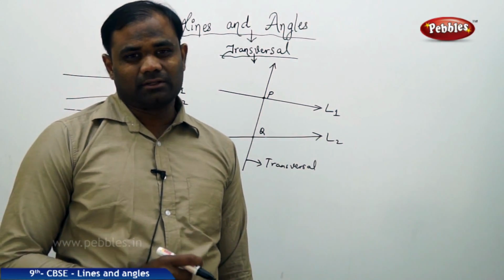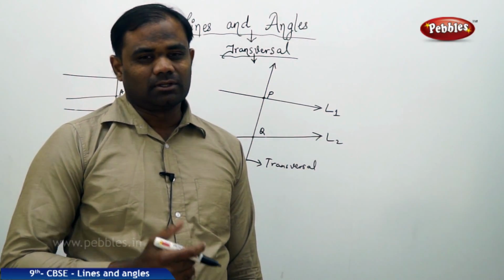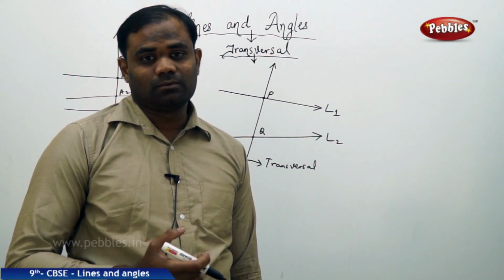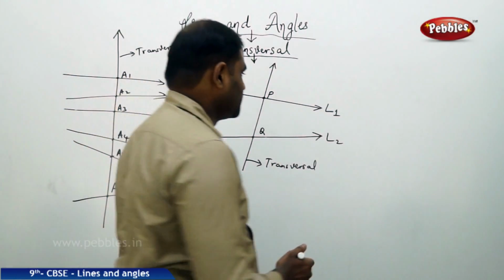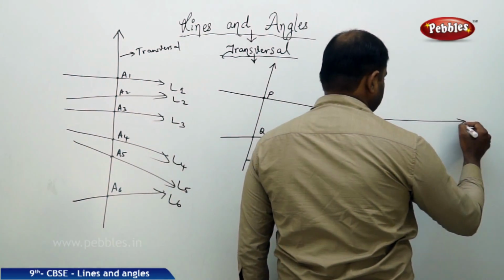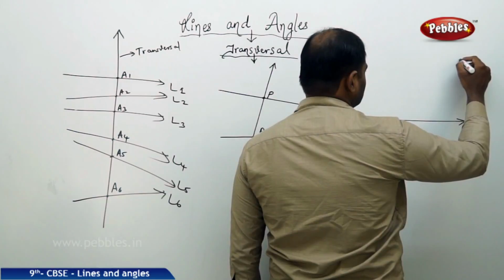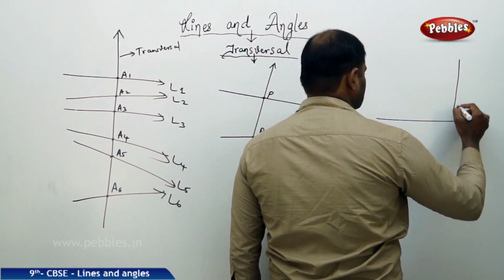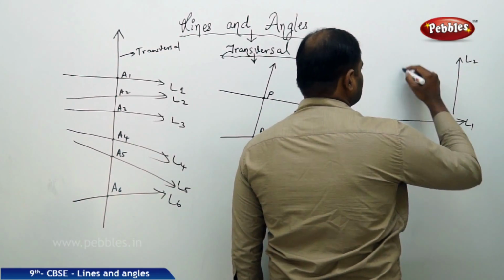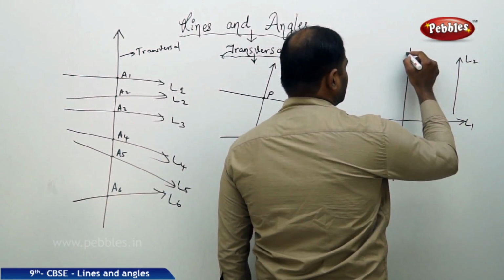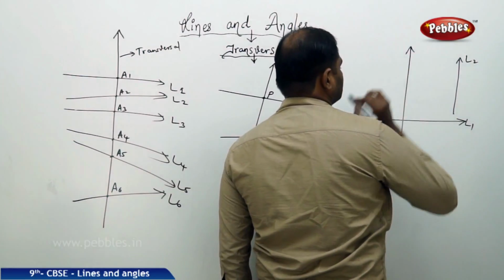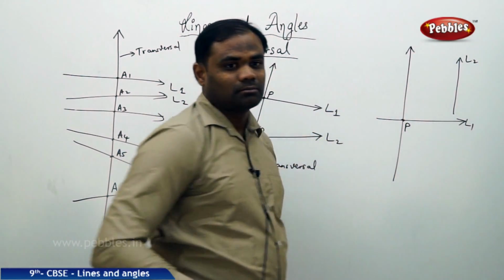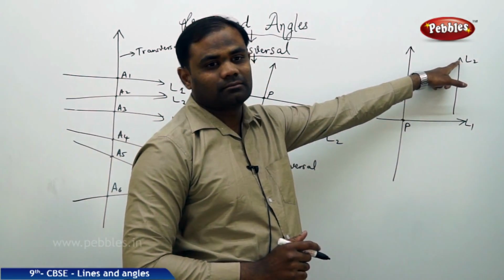This is how we understand the transversal property of the condition. Imagine I have a line L1 and line L2, and here I have a line which cuts L1 at P but does not cut the other line.